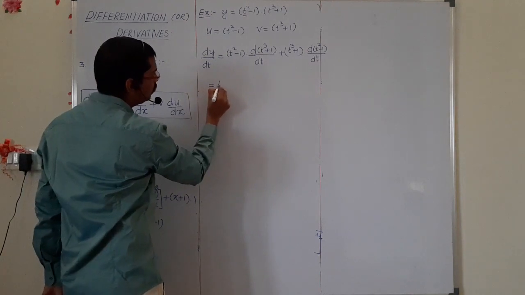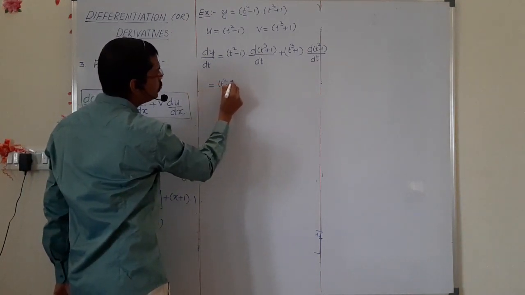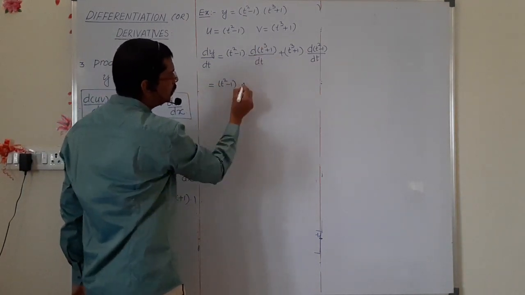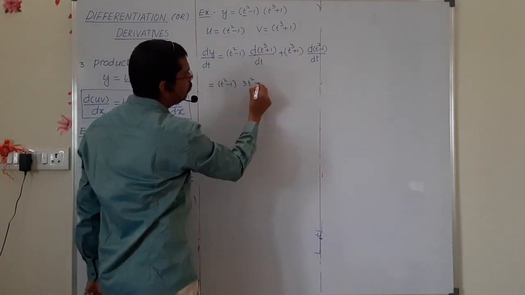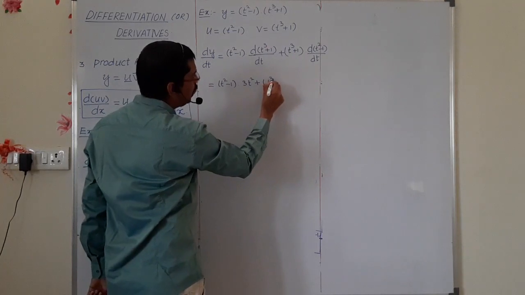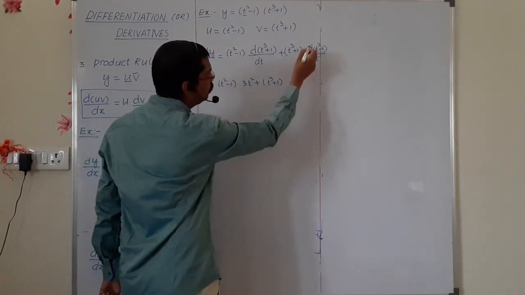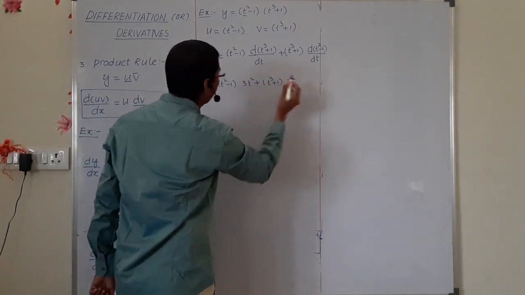What is the answer? The (t square minus 1) into, it is a cube, 3 into t square, the 1 is a 0, plus (t cube plus 1) into, it is a t square, 2t.